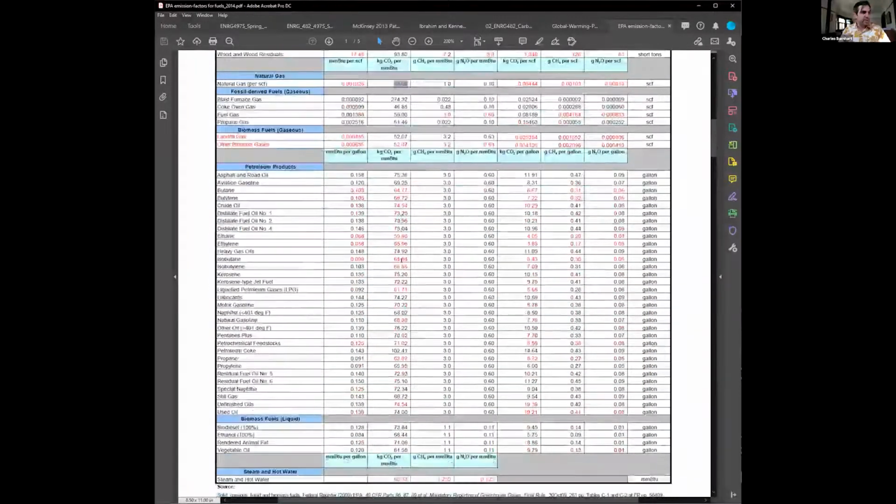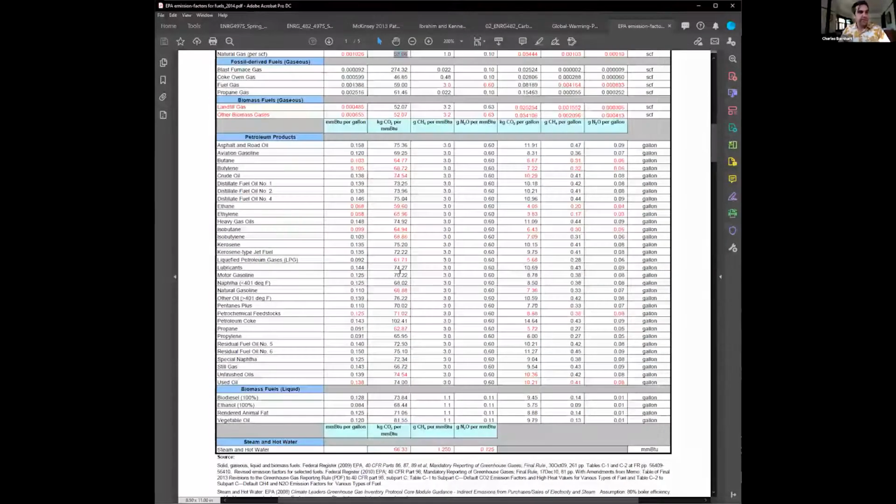You can look at different things like motor gasoline, 70 kilograms per mega BTU. Compare that to diesel. Is that up there? Crude oil, distillate, motor gasoline, other oil, biodiesel.